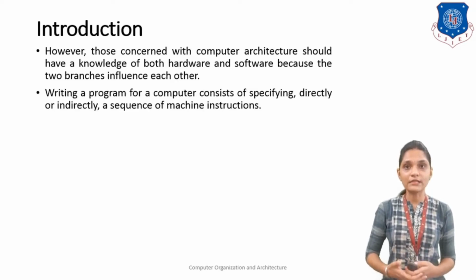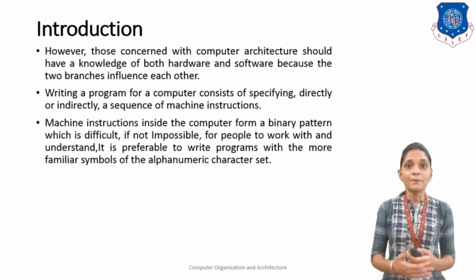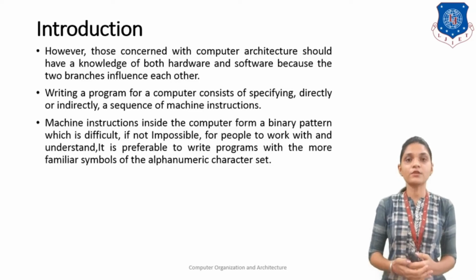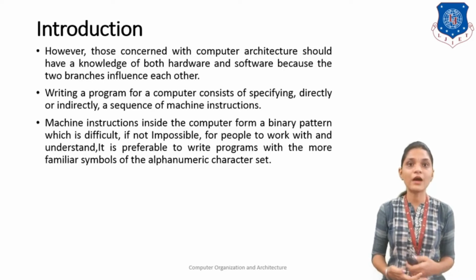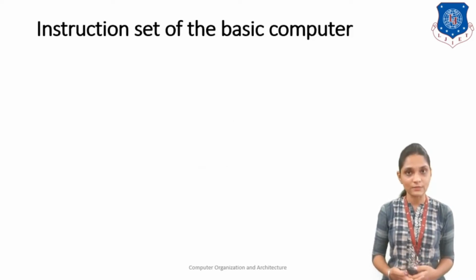Writing a program for a computer consists of specifying, directly or indirectly, a sequence of machine instructions. Inside the computer these are in the form of binary patterns, which are difficult for us to work with and understand. It is preferable to write the program with more familiar symbols of the alphanumeric character set.